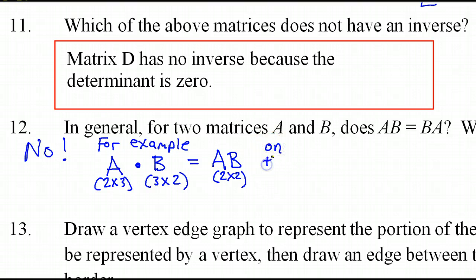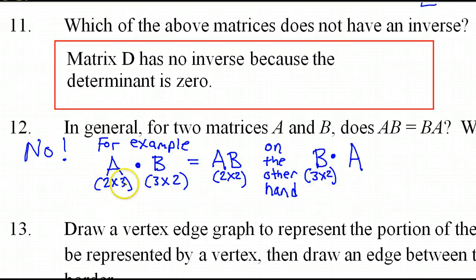On the other hand, if I wanted to do matrix B times matrix A, we already decided matrix B was a 3 by 2 matrix, so we can't change it now. We already said that matrix A was a 2 by 3 matrix. It would still be doable because the inner dimensions are still the same.